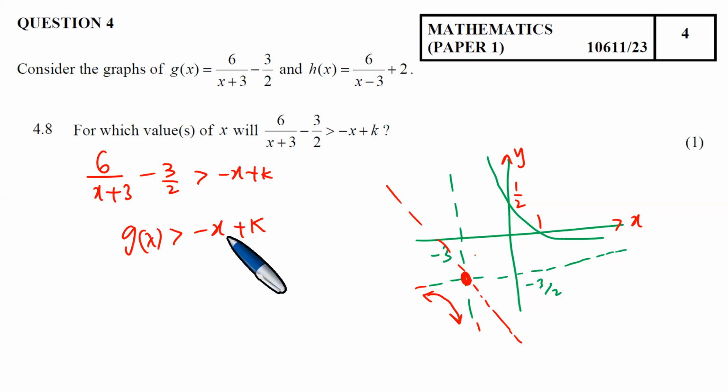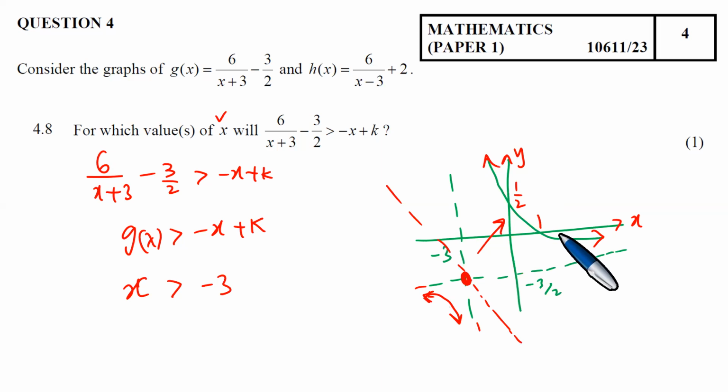It is above the line at this point. This is the section of the graph that is above. So for what values of x, okay, so clearly it is for x bigger than -3, because when x is bigger than -3, we have a situation where this graph is above there, okay? So x is bigger than -3, this graph is surely above over there.